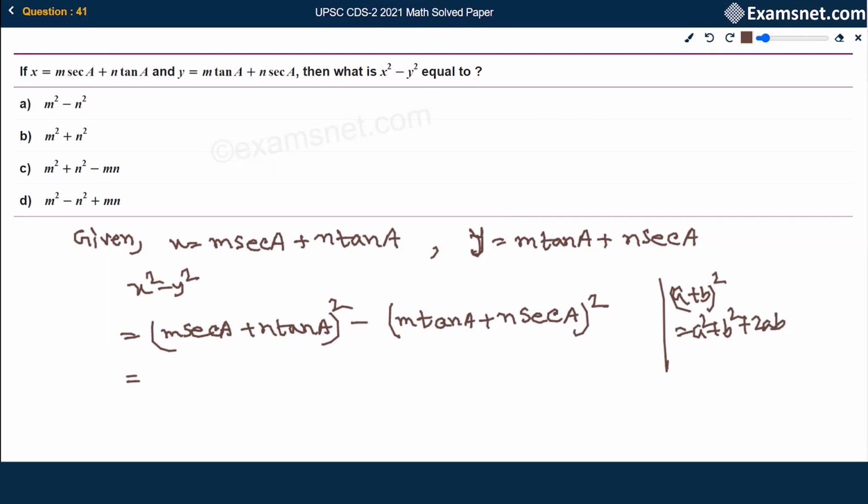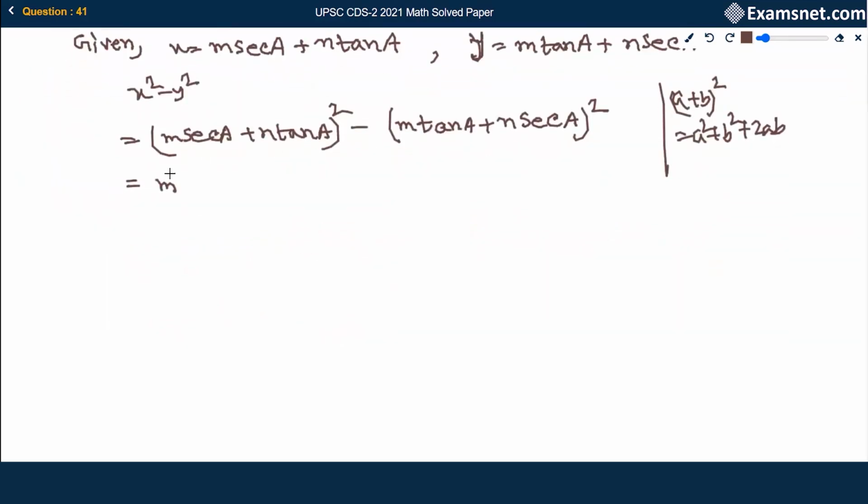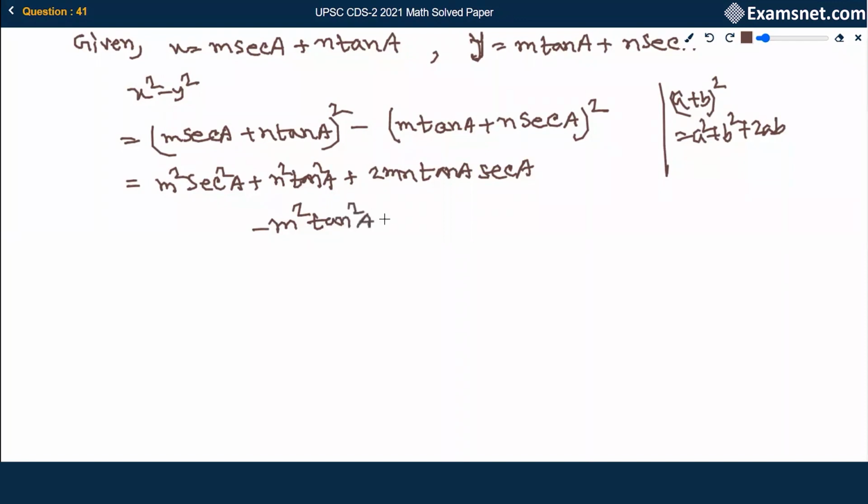Okay, so it will become m square sec square a plus n square tan square a plus 2mn tan a sec a, minus m square tan square a minus n square sec square a minus 2mn tan a sec a.